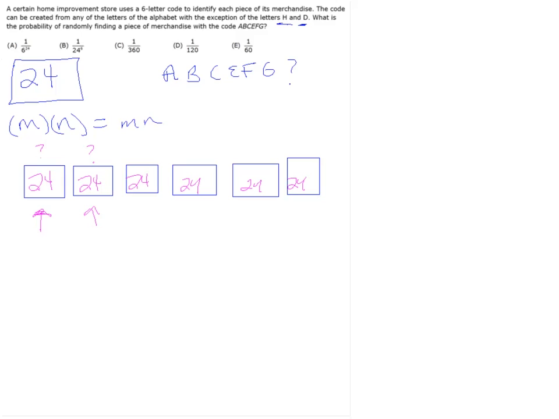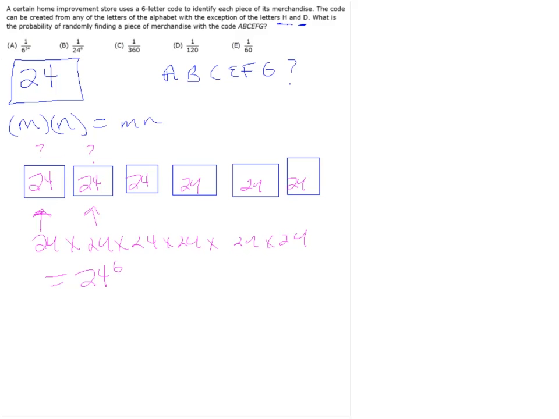So the fundamental counting principle would tell us that there are this many possible codes that could be made. It's a big number of codes. In other words, to make this more manageable, there are 24 raised to the 6th power codes that could be made.